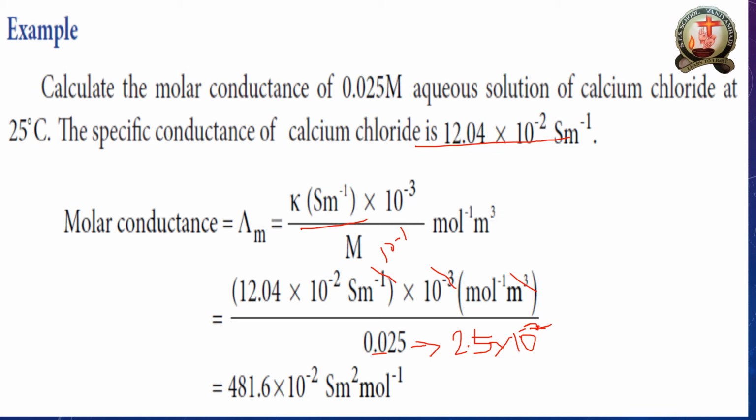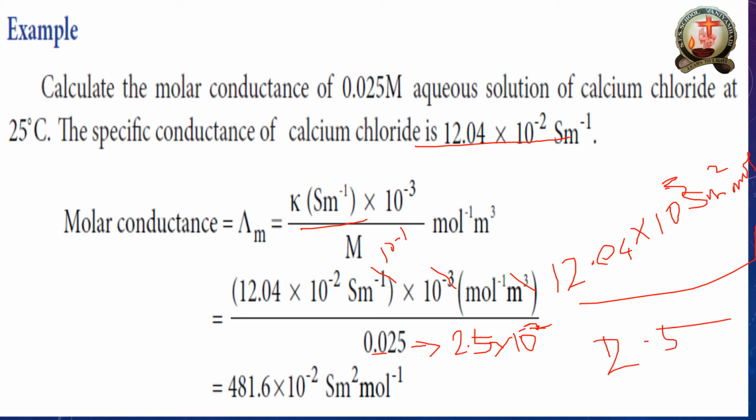Then 12.04 into 10 to the power minus 3 Siemens meter square per mole, divided by 2.5. Finally we divide this, and we get the answer.